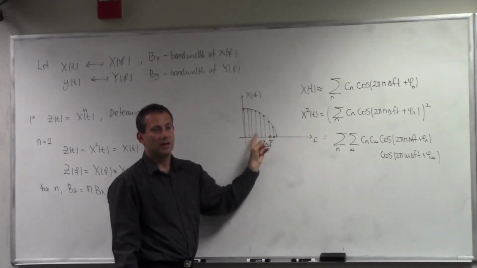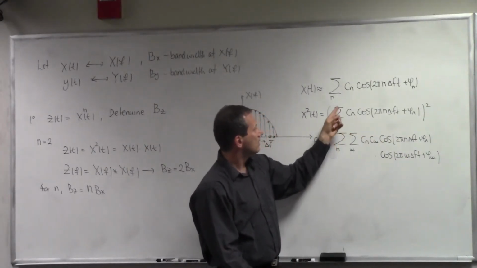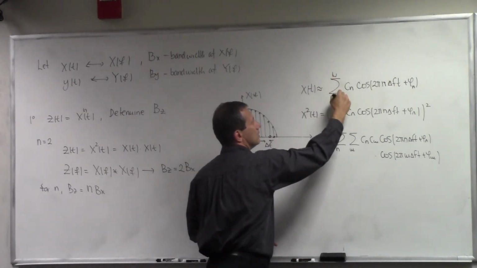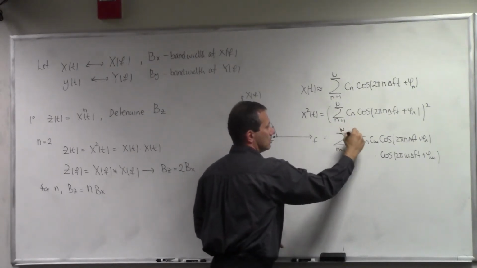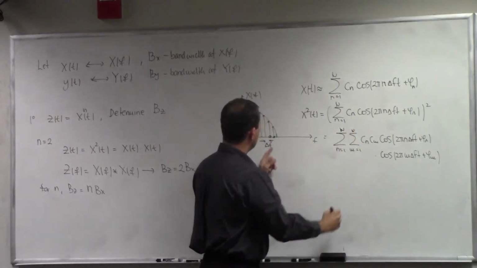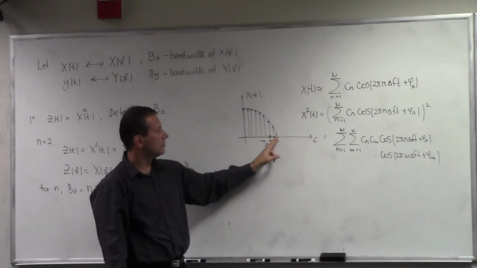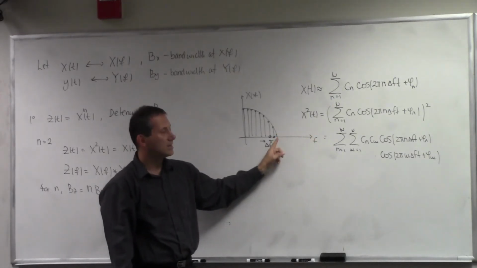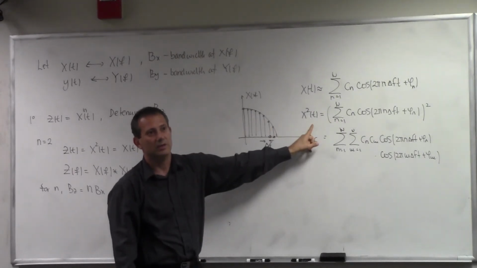What's the largest one? Well, it's the last one in this summation, when this is capital N, for example. If I look at this last one times itself, it's going to give me the component at twice its frequency, which, if the last one has a bandwidth of b, is going to be 2b.